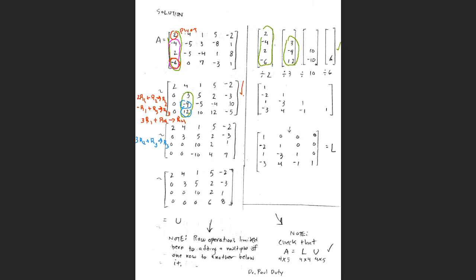And then we're going to do -4 times row 2 plus row 3, put the result in row 4, I'm sorry. Right, row 4.